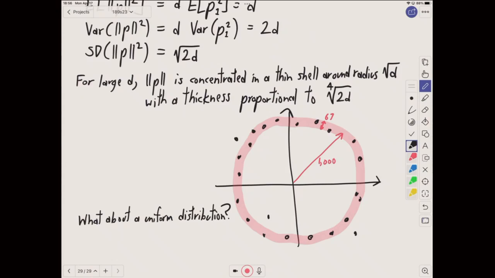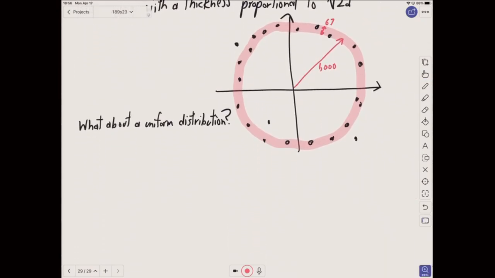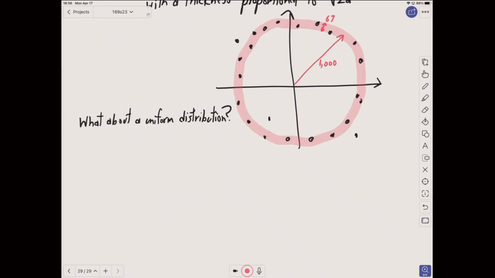That's not defined. But what we can have is a uniform distribution over any finite volume space. So let's pick the unit ball in d-dimensional space and talk about a uniform distribution inside the ball.